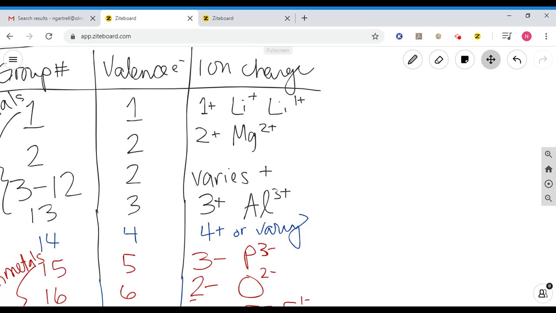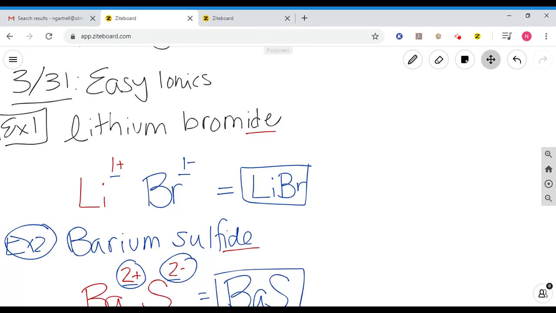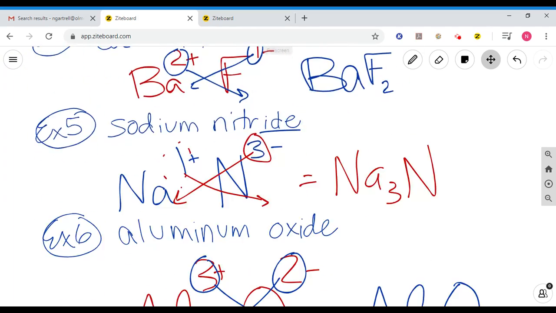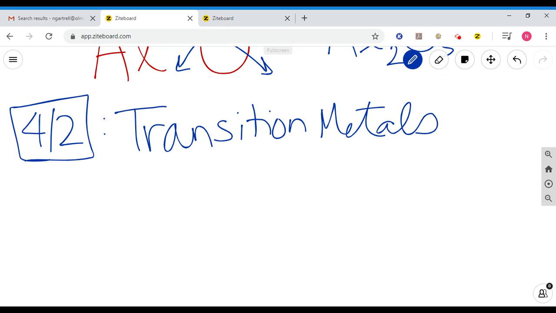When we look at transition metals, groups 3 through 12, their charges vary. Iron can have multiple charges, and we're going to figure out how to tell what the charge of a transition metal is. For transition metals, they designate their charge using Roman numerals.